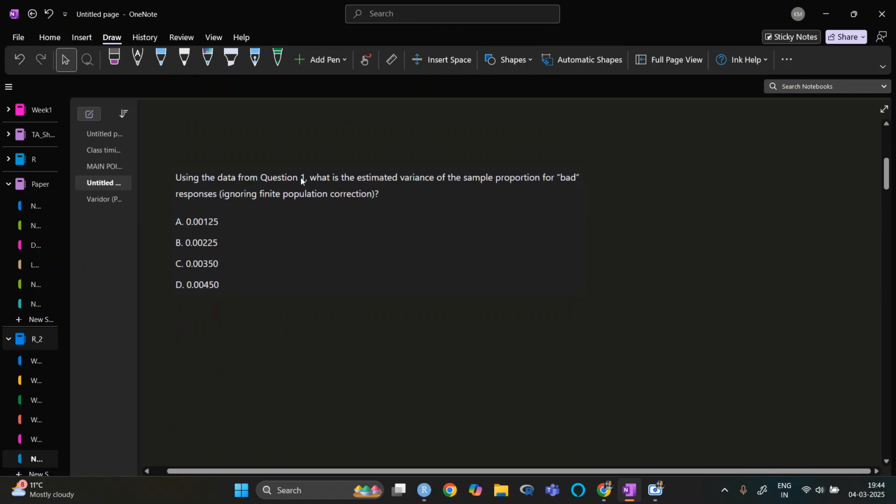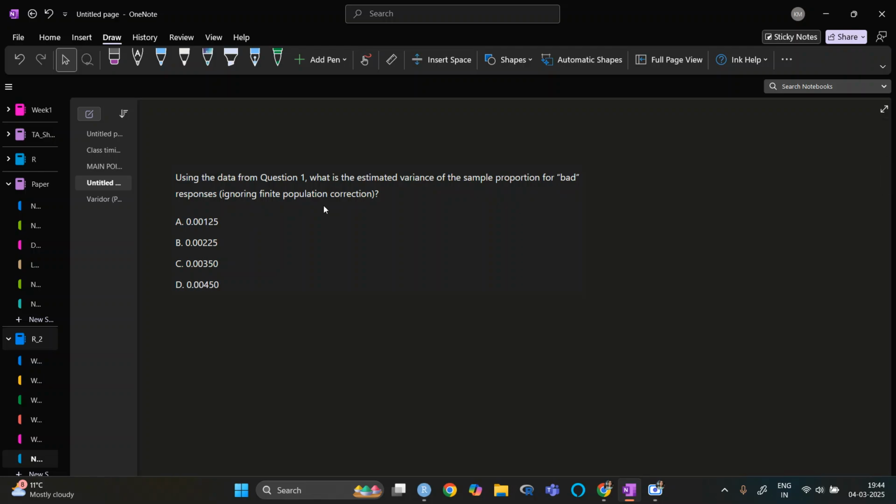Using the data from question 1, what is the estimated variance of the sample proportion for bad responses, ignoring the finite population correction? So if we ignore that, what is the estimated variance of the sample proportion?